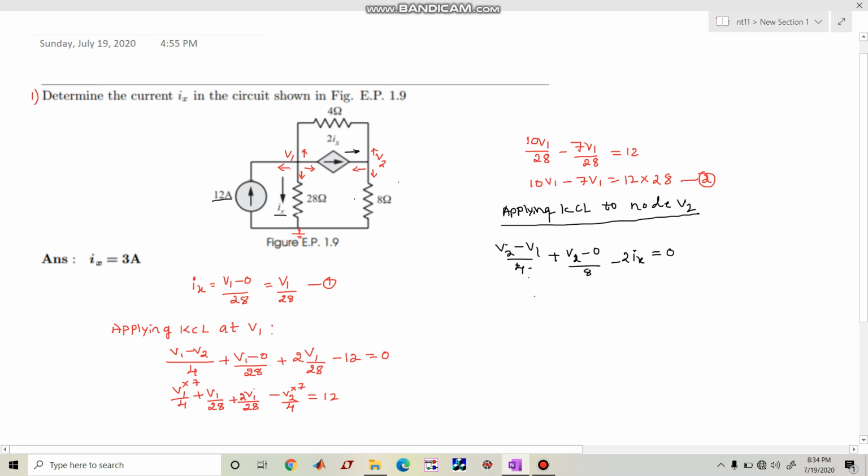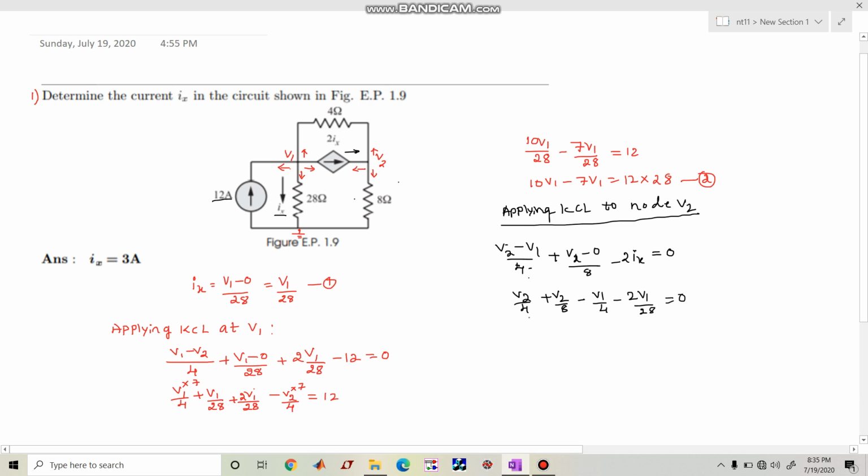Now the Ix value we can substitute, and simplify this as V2 by 4 plus V2 by 8 minus V1 by 4 minus 2 into V1 by 28 is equal to 0.